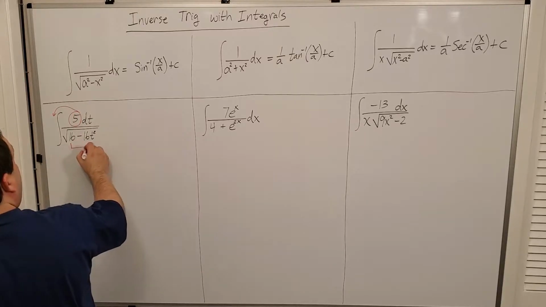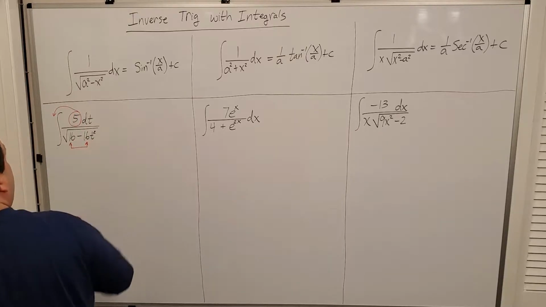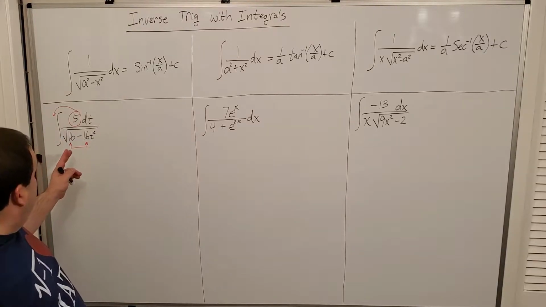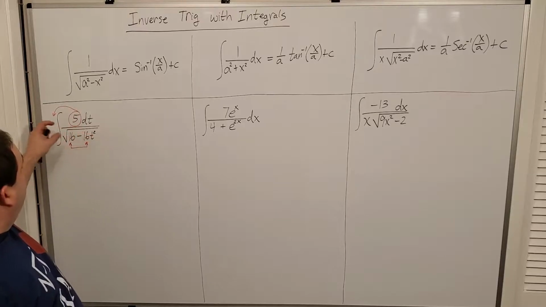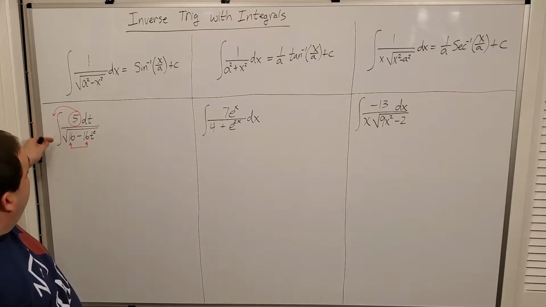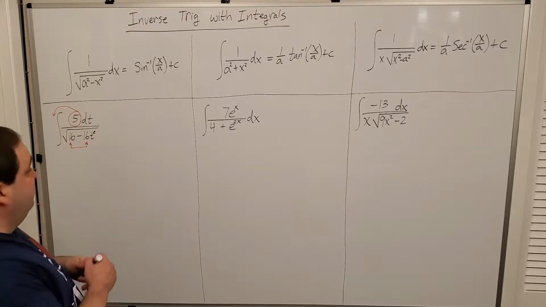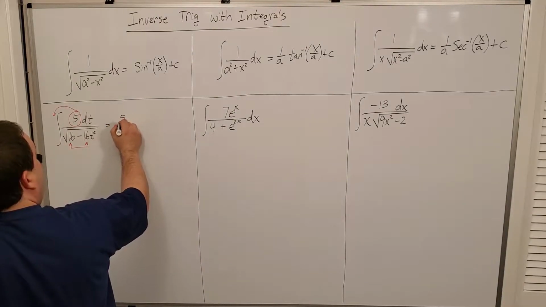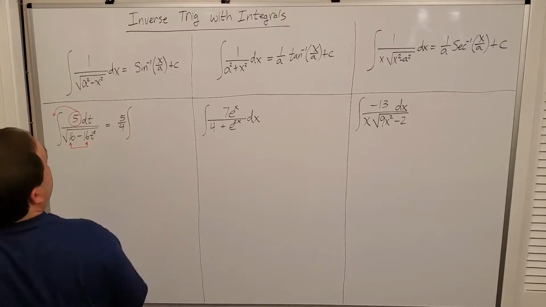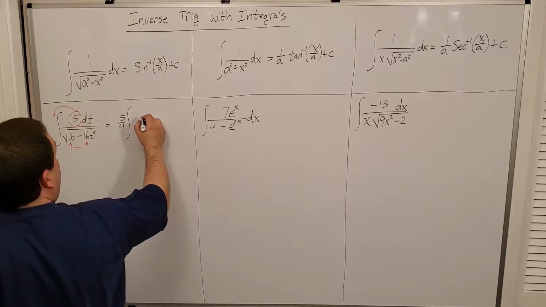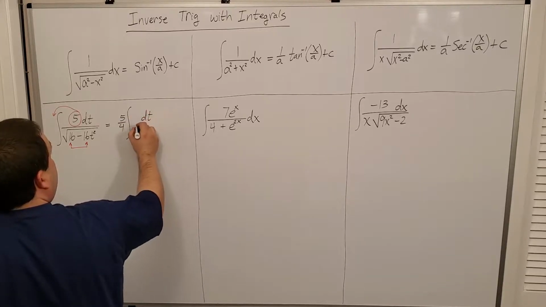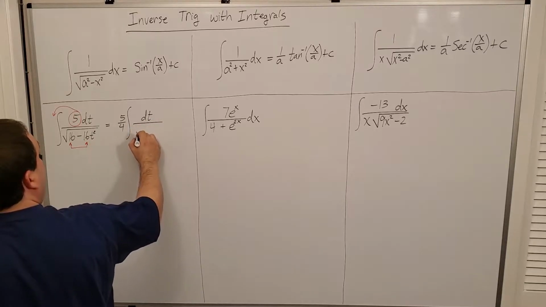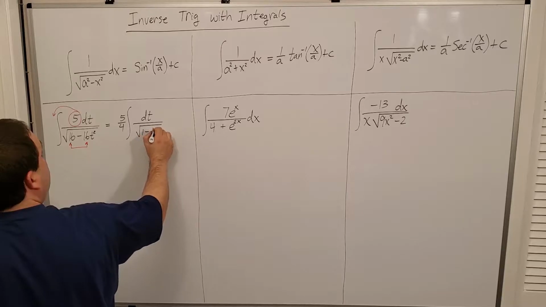But also I'm noting that I can factor a 16 out of the binomial in the denominator. And if I factor it all the way out, I'll actually have to do the square root of the 16, which is a 4. So that's going to result in me having a 5 over 4 on the outside of the integral. And then I'll have just dt over the square root of 1 minus t squared.